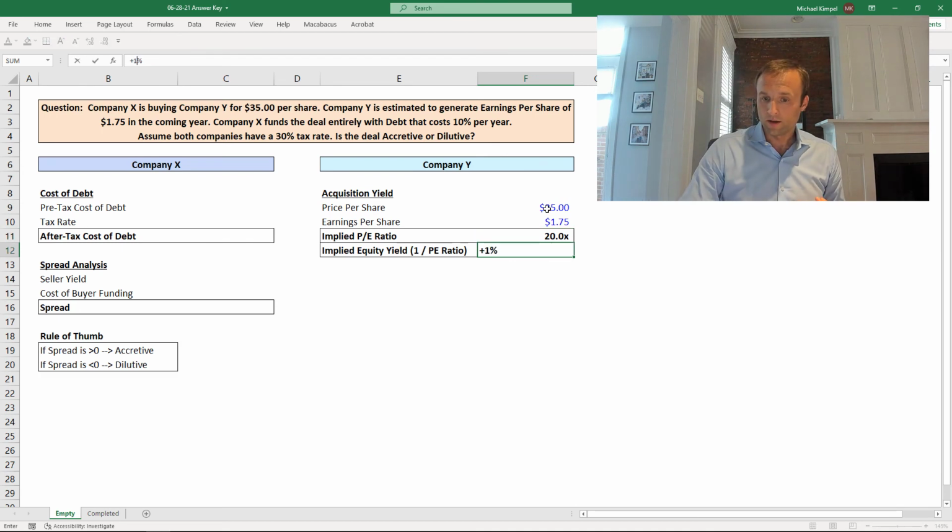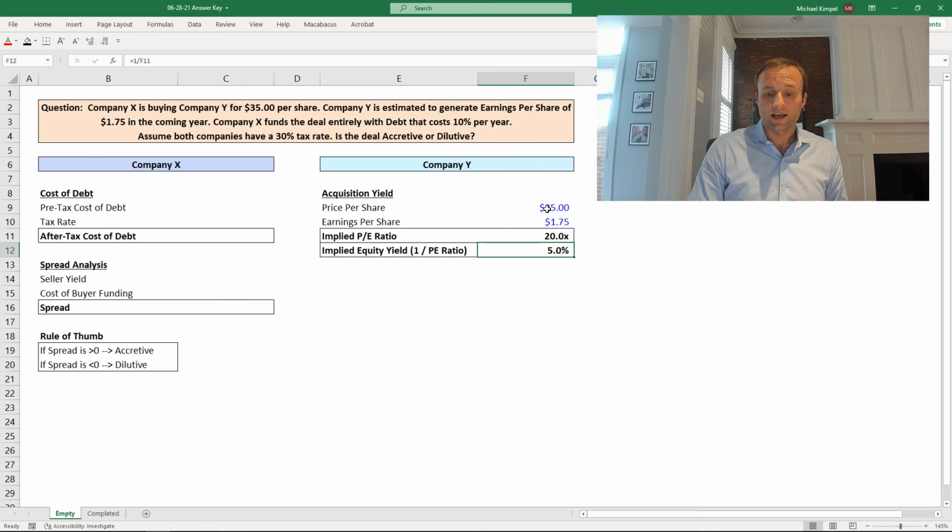We can take 1 divided by the PE ratio to get to the implied equity yield. And in effect, the way to think about this is if I were an investor in this company, I would be generating a 5% yield on my investment every year in terms of net income or earnings per share, however you want to characterize it. But the short story is the yield to someone who buys the equity of the company is 5%. So that's what you earn if you buy the stock.